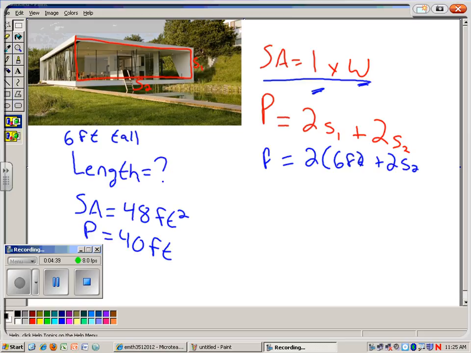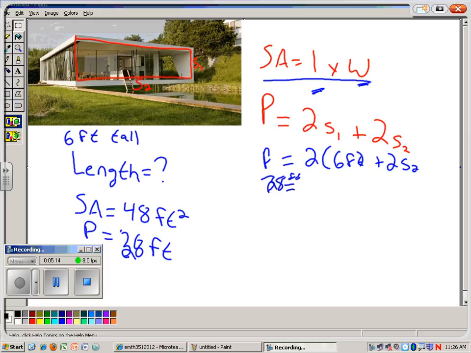But we also know what perimeter is, so we'll say 40 feet. Sorry, I was wrong. This should be 28. So we know that the perimeter is 28 feet, and the first side is 6 feet.